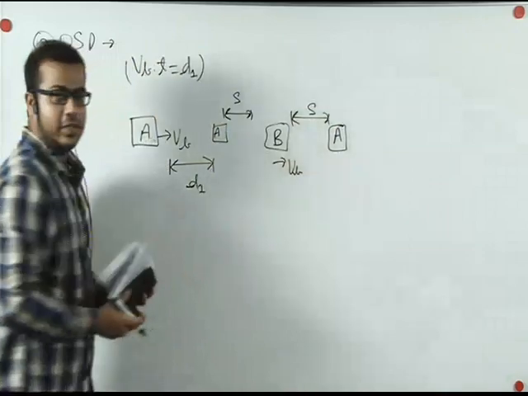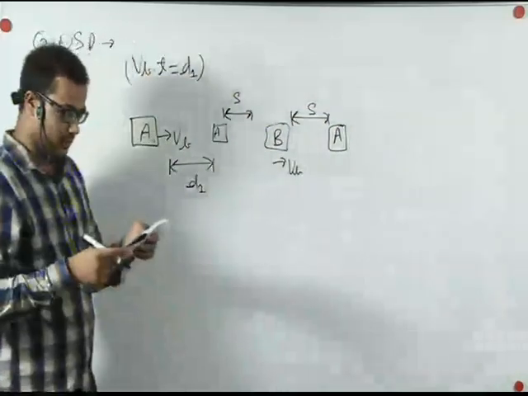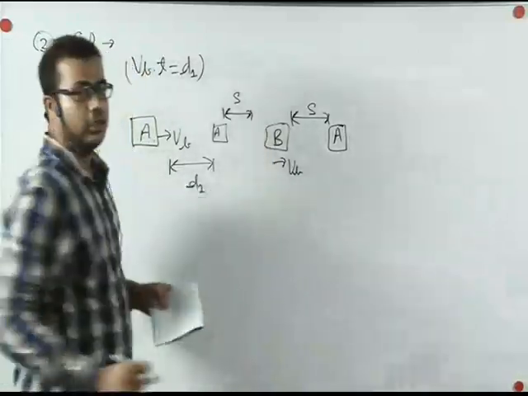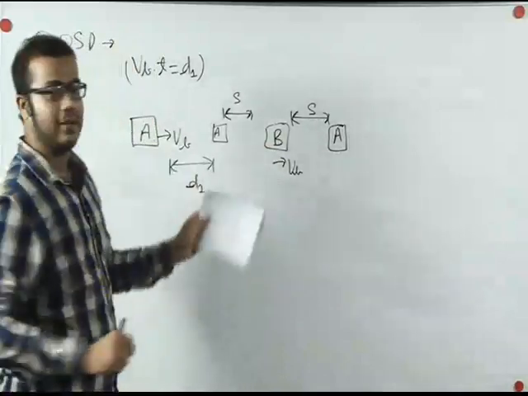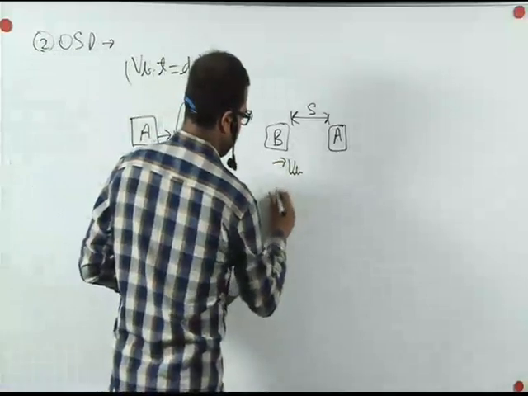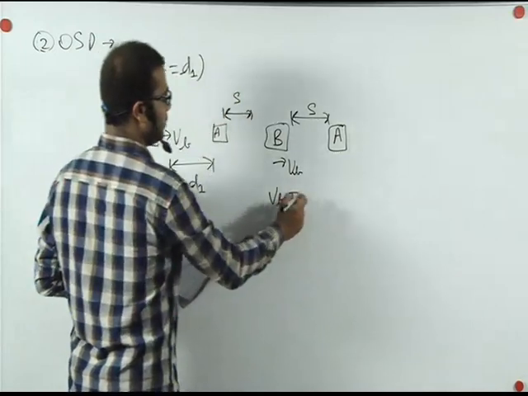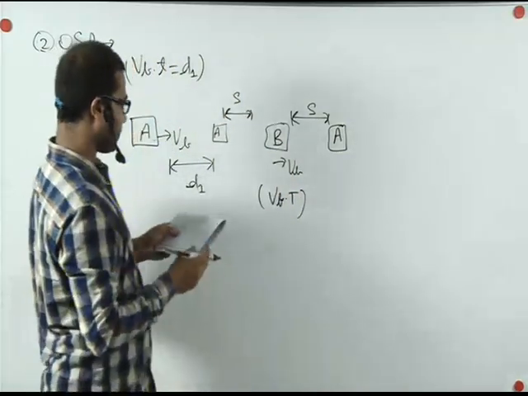So a minimum distance will always be there between two vehicles. This vehicle is also moving, so it will also travel some distance in due course of time. That distance is Vb into capital T. This is the specific time required to travel that distance, which we will see.